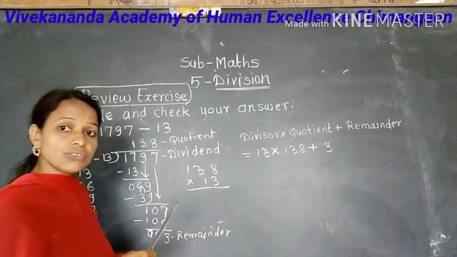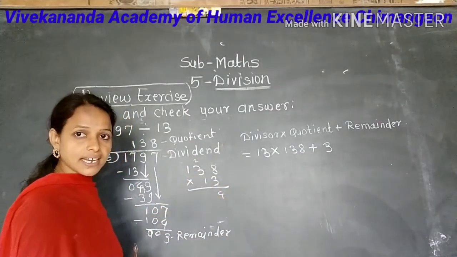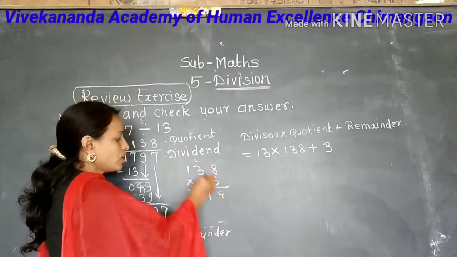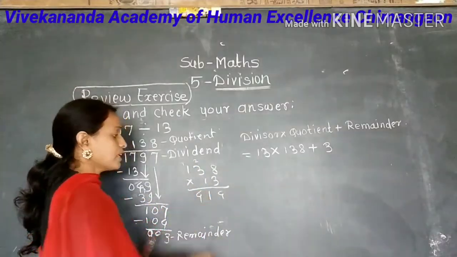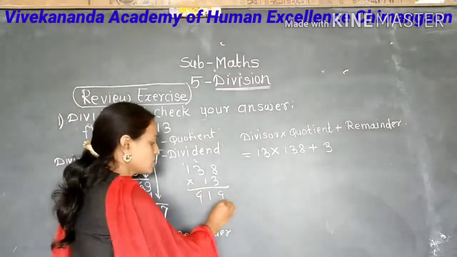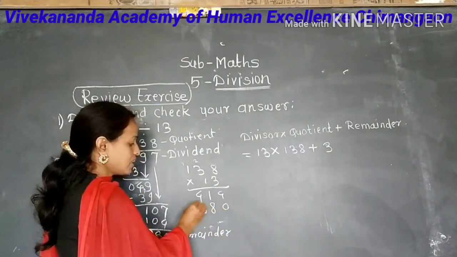3 8s are 24. 4 carry over 2. 3 3s are 9. 9 plus 2, 11. 1 carry over 1. 3 1s are 3 plus 1, 4. Now we multiply by 10. 0, 1 8s are 8. 1 3s are 3. 1 1s are 1.